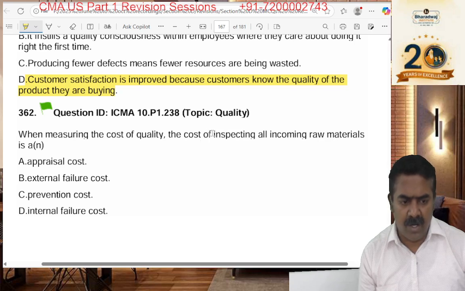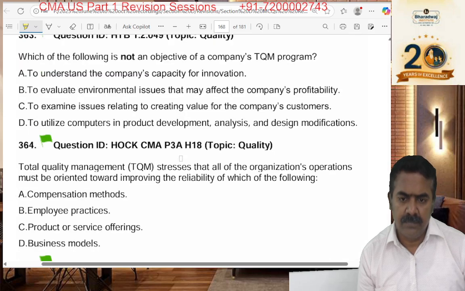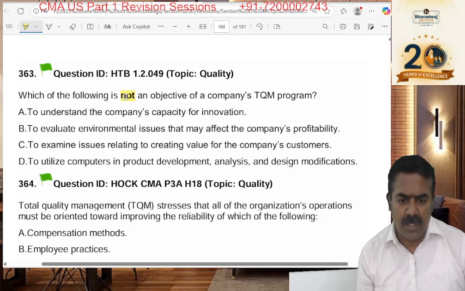Cost of inspecting all incoming raw materials, it is an appraisal cost, which is not an objective of a total quality management program.